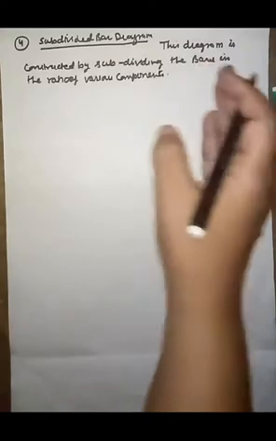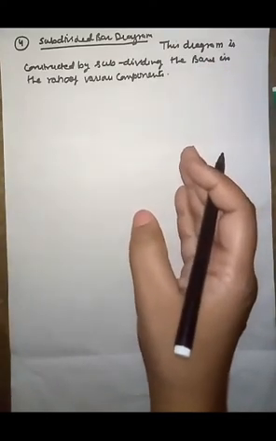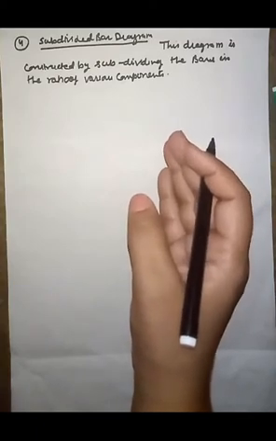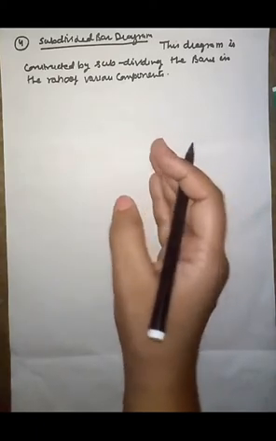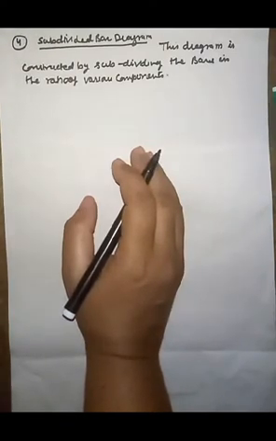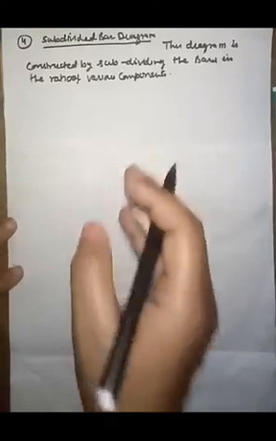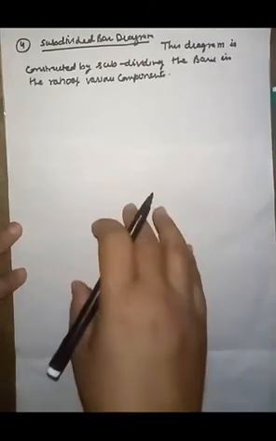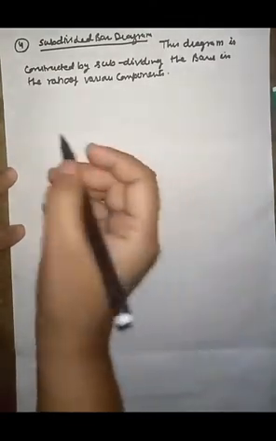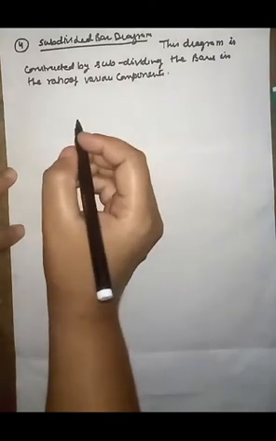But in the subdivided bar diagram, you have to divide the single bar, subdivided into various parts and components in proportion to the values given in the data, and the whole bar represents the total, right? Whole bar represents the total. So if we take some example, let's see an example.